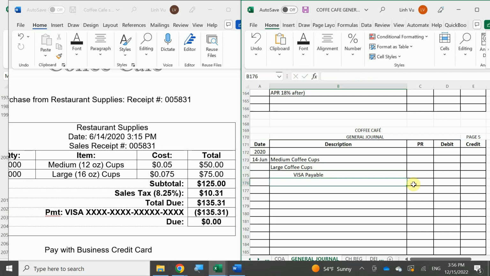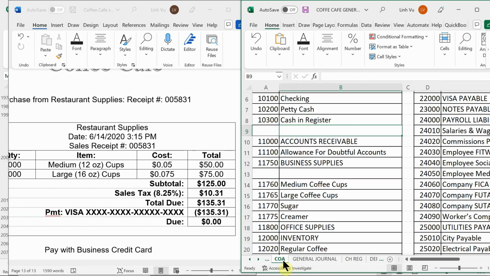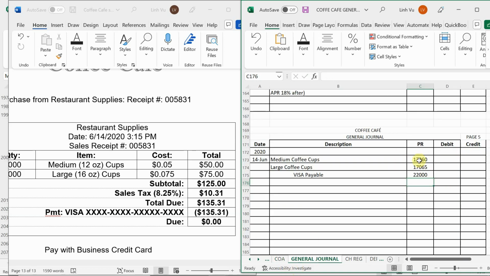Okay. So therefore, let me see. Oh, I'm sorry. For the medium cups, it's 11,760 and 11,765.